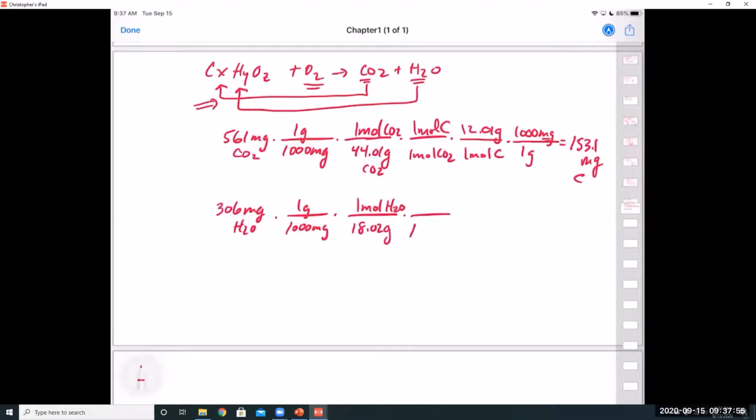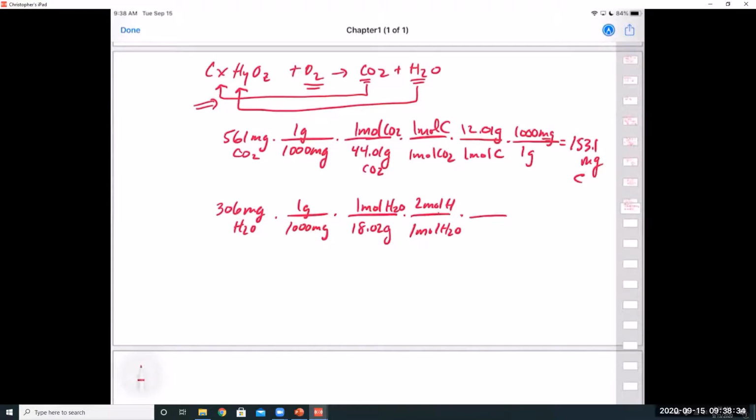Now, the major difference here is that for 1 mole of H2O, there are 2 moles of H. I actually noticed this: a lot of people were sending me emails from 104 saying that in N2, 1 mole of N2 is equal to 1 mole of N. And I was like, no, it's equal to 2 moles of N over 1 mole of N2. That's why a lot of people were getting half for that. So you have to make sure you look at the molecule and see what's in there. With the water, there are definitely 2 moles of H for every 1 mole of H2O.